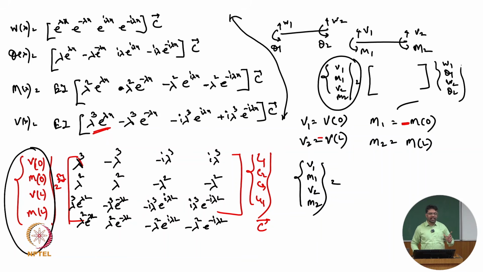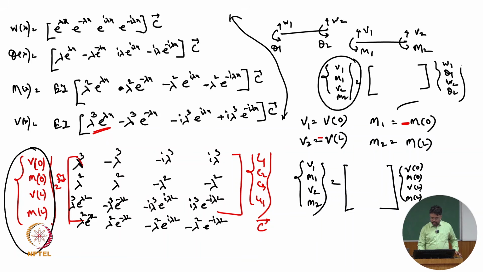You can do the transformation, which is a very simple transformation. You take V0, M0, VL, ML, that is the first stage, with the matrix 1, minus 1, minus 1, 1.